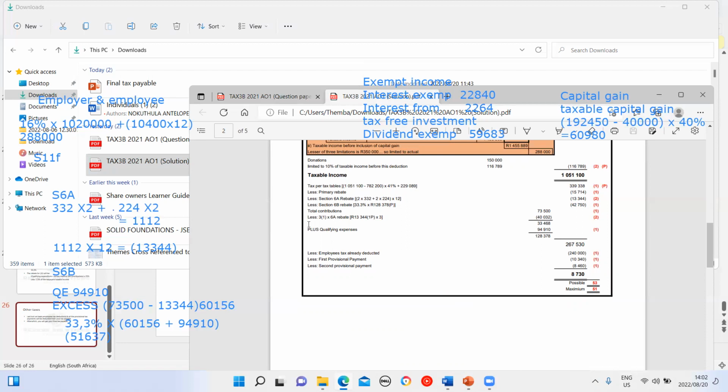The excess is based on the total contributions made, including the contribution made by the employer, but you had to deduct it to get the excess. You had to deduct 3 times the section 6A rebate. This one is wrong.